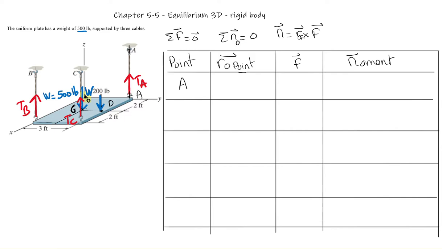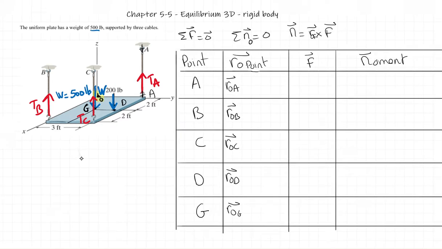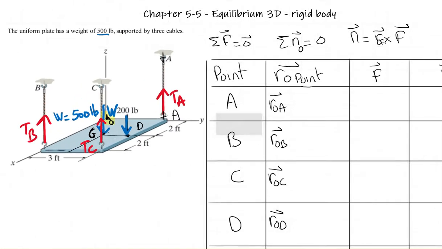Because you can slide a force along its line of action, so it's the same thing to consider this point A and this point A. So we have the points A, B, C, D, and G. What we need is R from O to the point: ROA, ROB, ROC, ROD, and ROG.